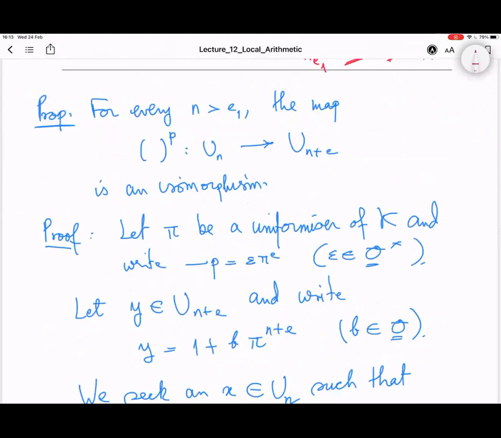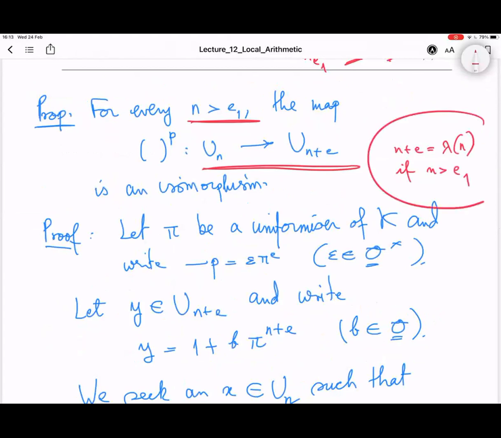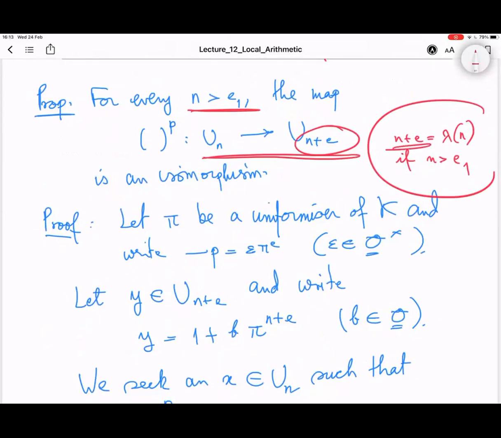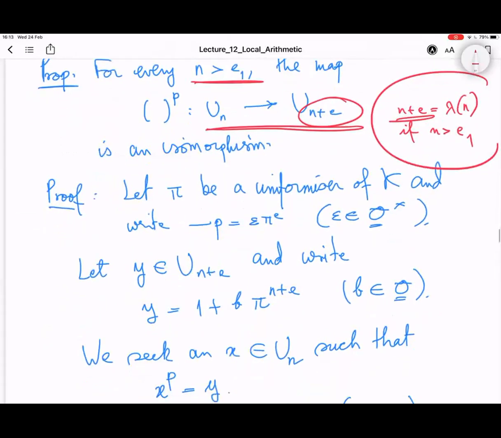So the next claim is that for every n strictly greater than E1, the map un to un plus e, n plus e is equal to lambda n, of course, if this n is strictly greater than E1, right? That's why I've written n plus e. You could have written lambda n, but lambda n is n plus e in this case. So the claim is that this is an isomorphism.